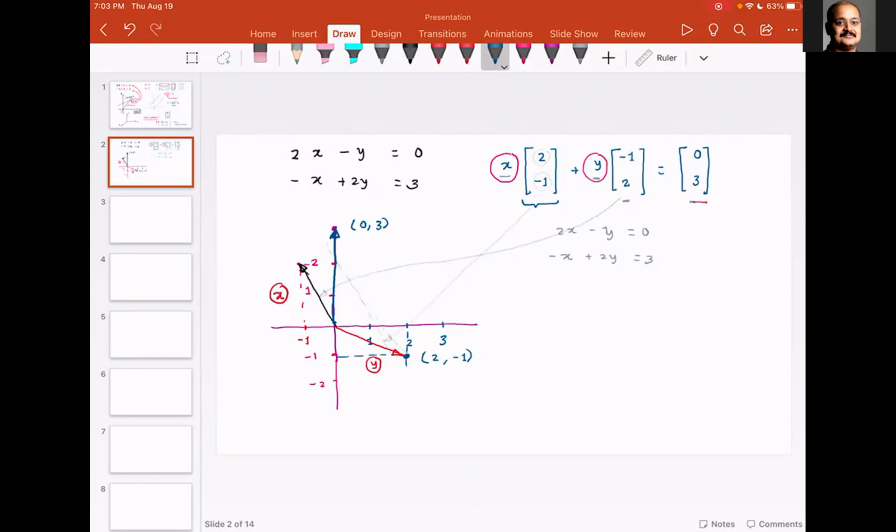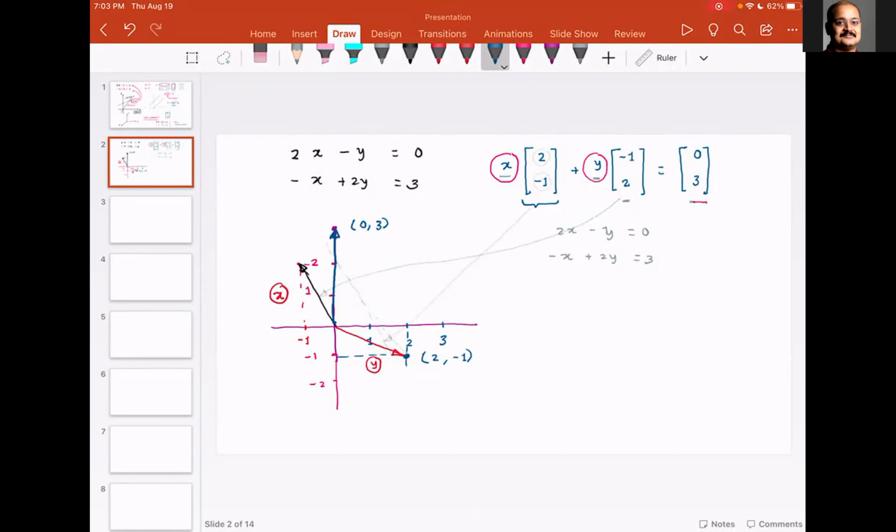Yes. So if you shrink it, it's a fraction. If you extend it, it's 1, 2, 3, 4. If you multiply that by a positive number, that is going to be in the same direction.